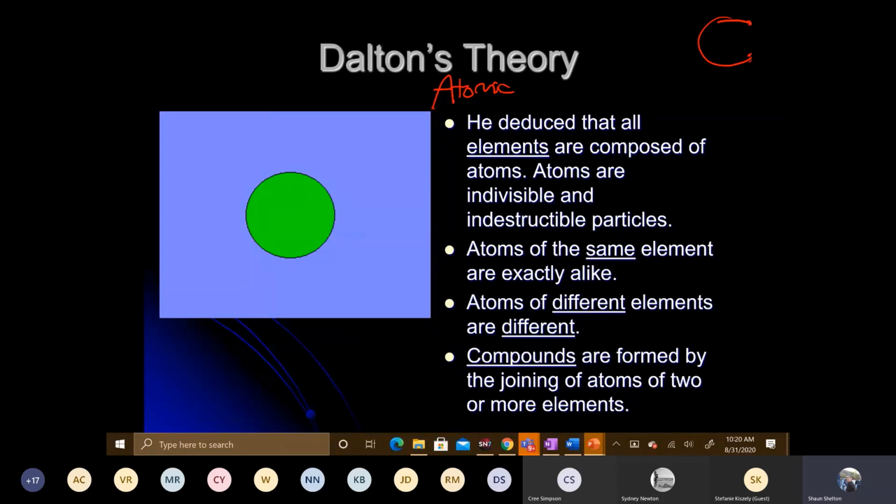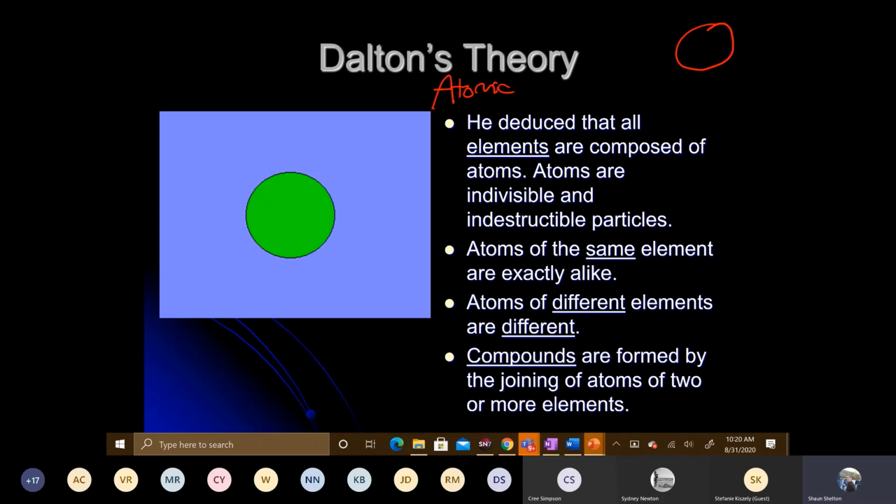So Democritus' atom here is a billiard ball, and Dalton's view of the atom is the same. His model does not change from what Democritus started with.